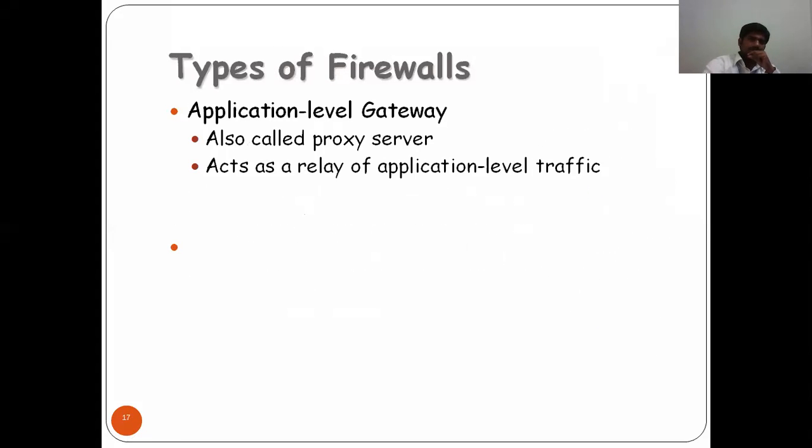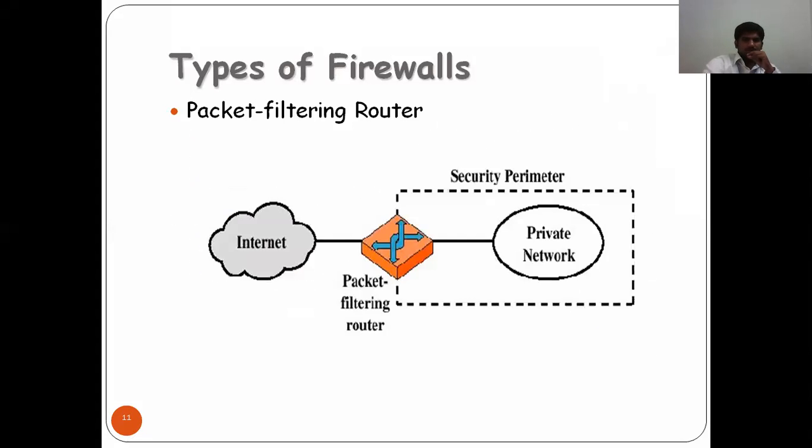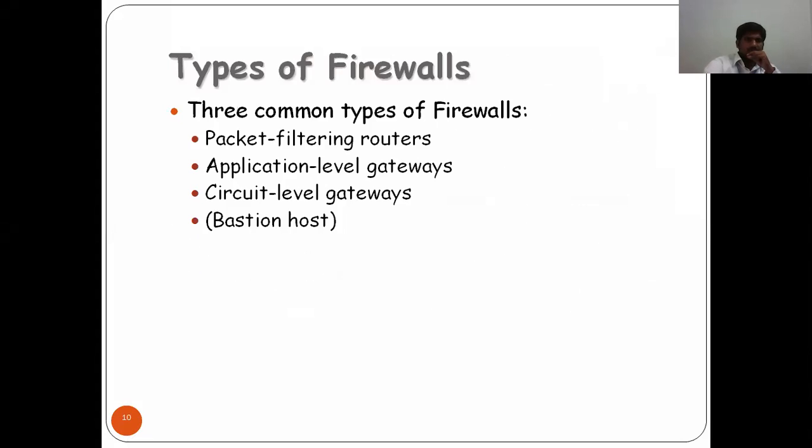So there are four types. Mainly we are going to be talking about three only. These are the types of firewalls: packet filtering routers, application layer gateways, and circuit level gateways. So at what level are we going to protect? Where can we have an attack, where do we need to provide the security?